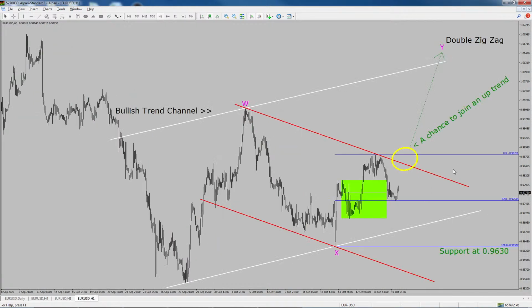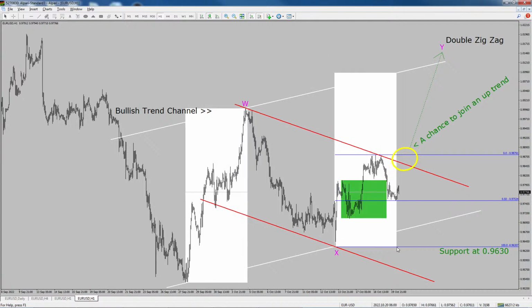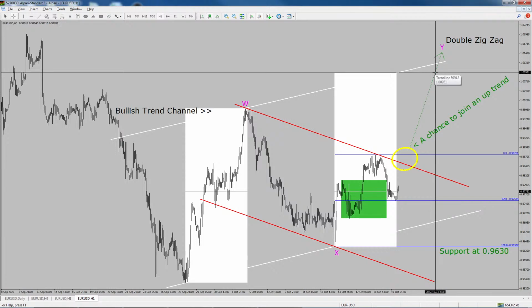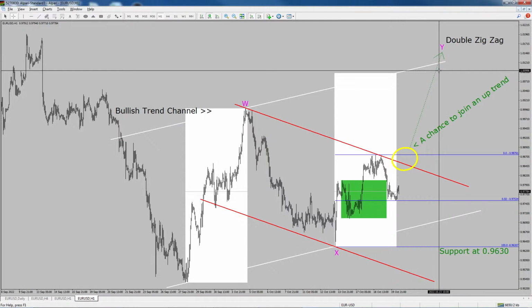Having said that, for those who are interested in looking for a trading chance, I assume we have a nice uptrend, and price action is probably going to rise up to hit the 1.0146 level. In fact, we can find this out if we measure the distance of wave W and project it from this point. So it comes right around 1.0094. So it would easily reach 1.0094 or 1.0101.